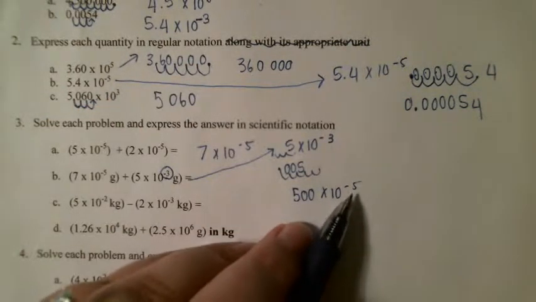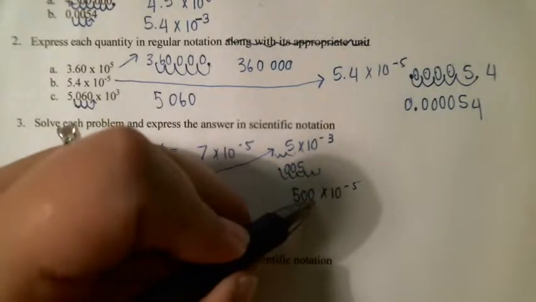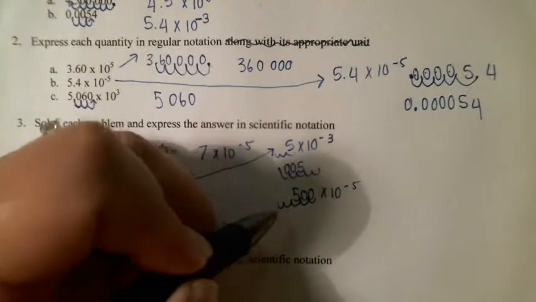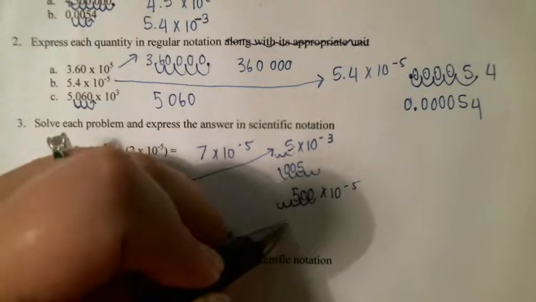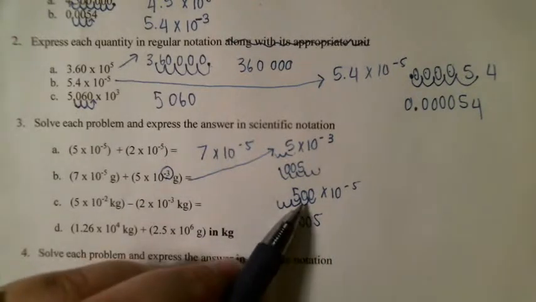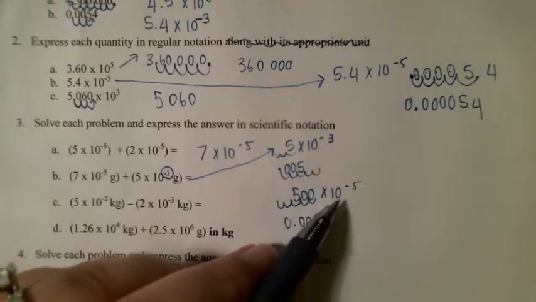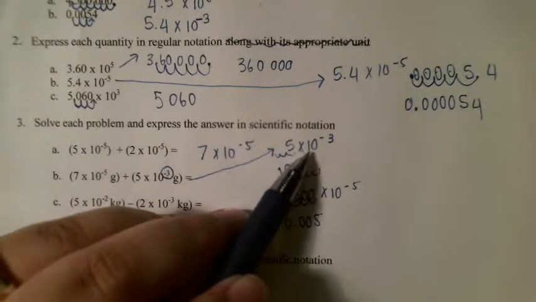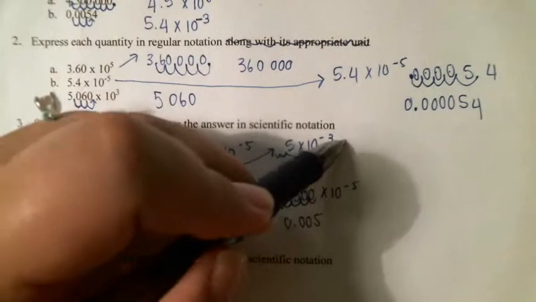If I rewrite that, 1, 2, 3, 4, 5 will give me again 0.005. So 500 times 10 to the -5th and 5 times 10 to the -3rd are the same numbers.